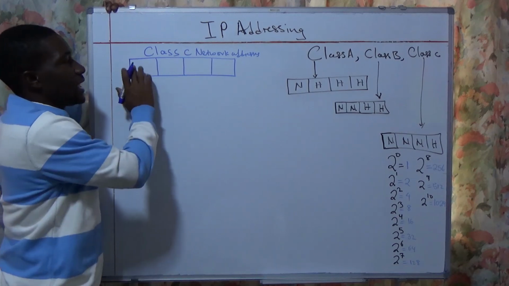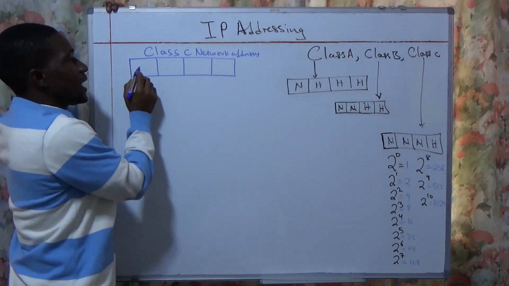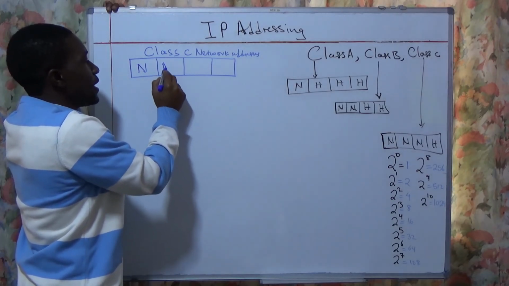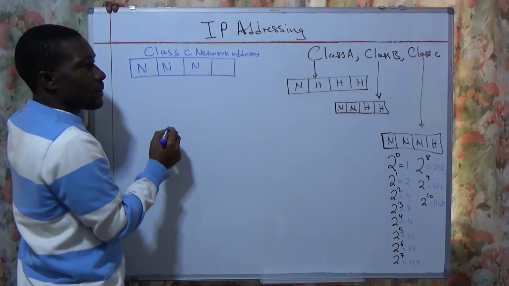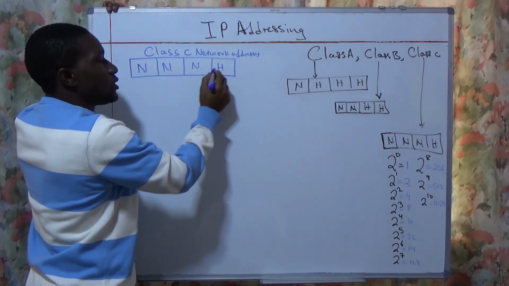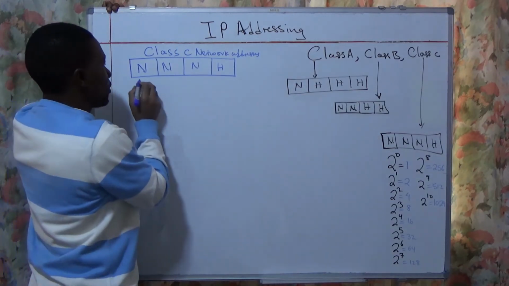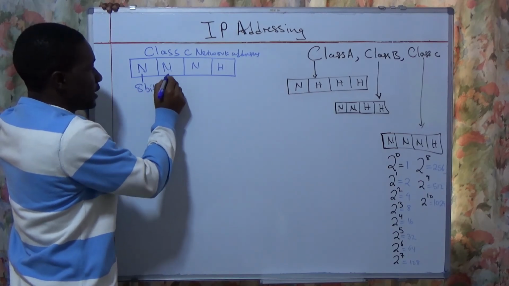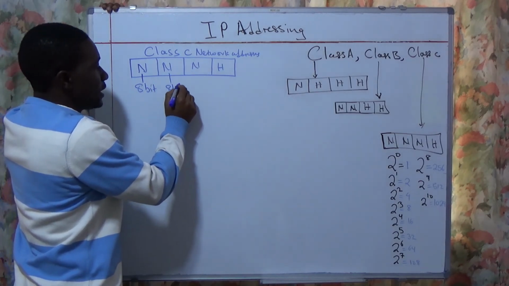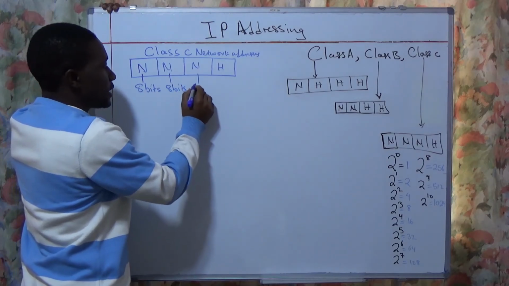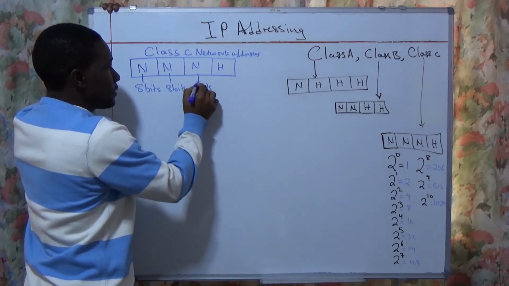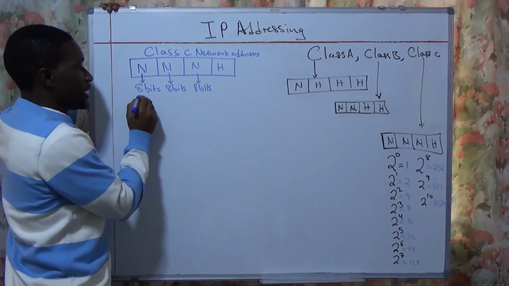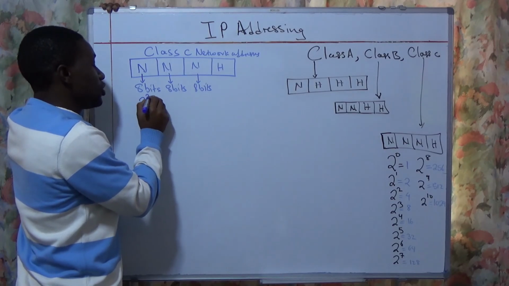Now, let us see class C network addresses. In class C network addresses, we have 3 octets used for network addressing and 1 octet used for host addressing. So the first 3 octets used for network addressing give us 2 to the power 24.